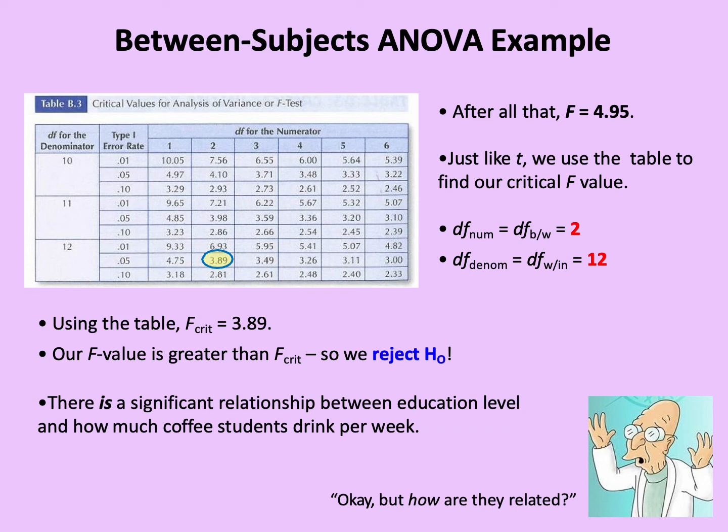So we know there is some difference between one level of the independent variable and another level of the independent variable. But to find out where the specific difference is, we need SPSS to help us do what are known as post hoc tests.